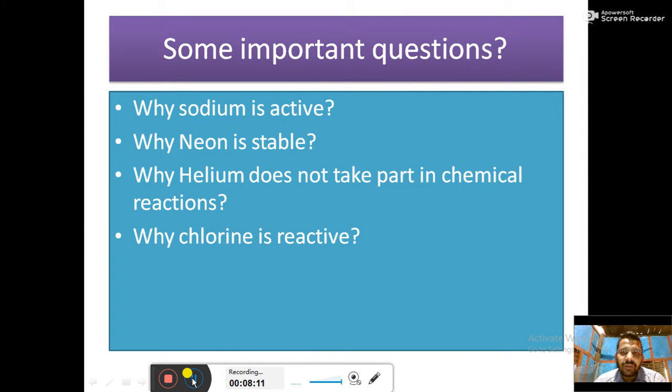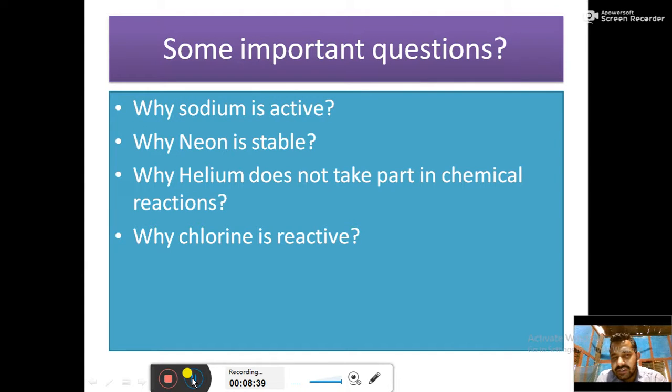Now here come some important questions from this chapter. Why is sodium reactive? You can say sodium is active because it has 1 electron in the outermost shell. Every atom wants to be stable, so it has to lose 1 electron in order to be stable. That's why sodium is active. Why is neon stable? As you know from the previous slide, neon has 8 electrons in the outermost shell, so it is already stable.